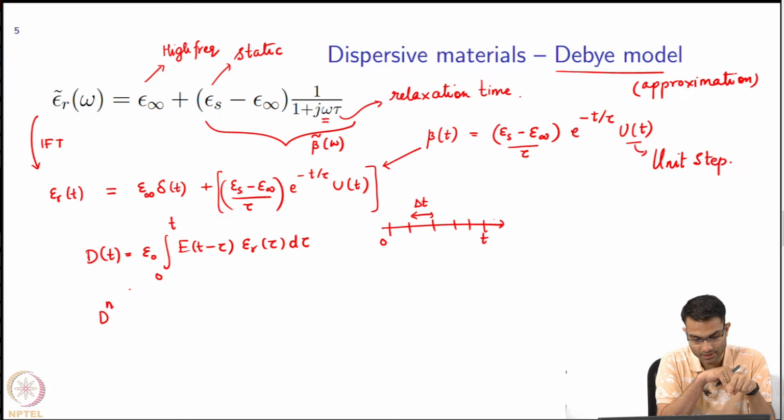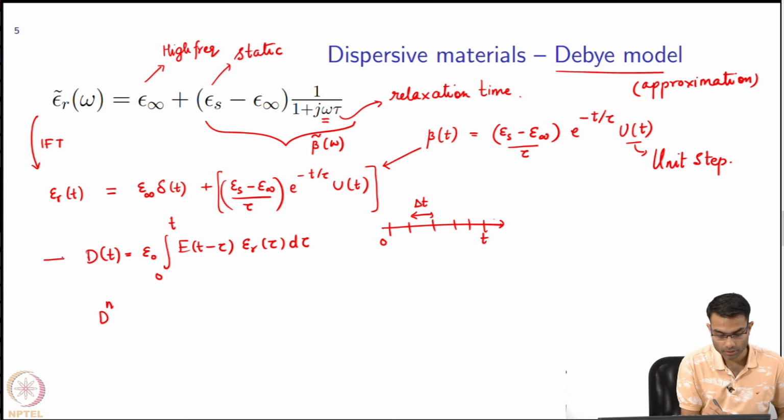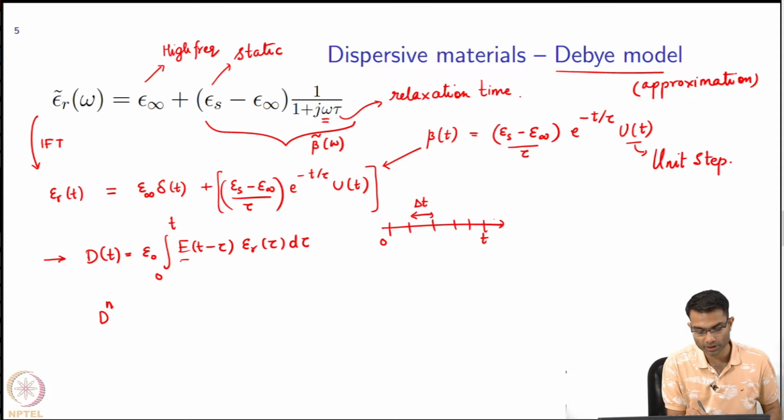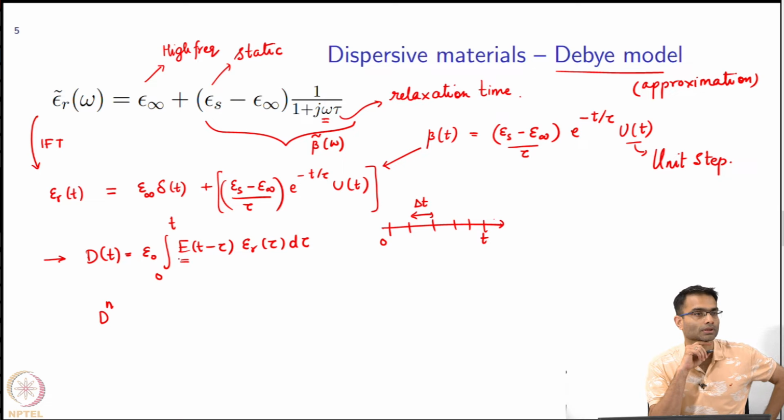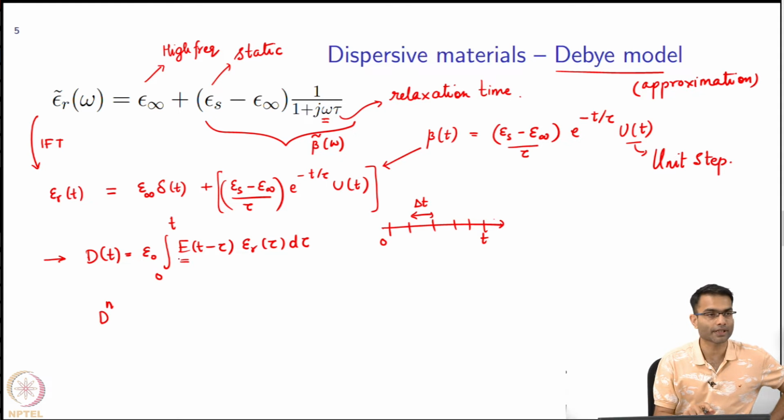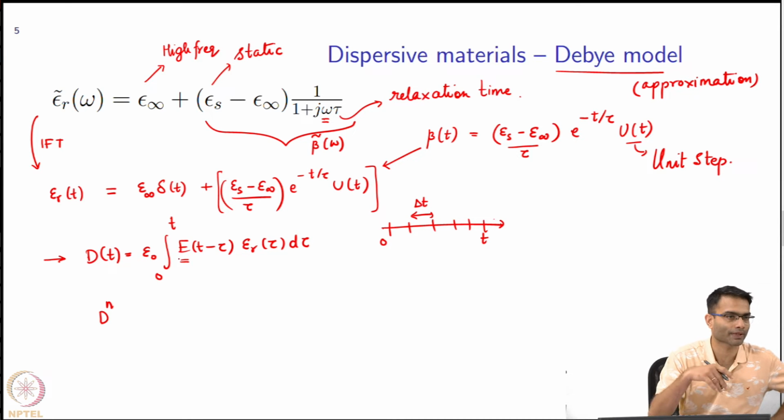You are asking whether this Debye model integral from 0 to t is derived analytically? No, because I don't know E. If I didn't have E of t in this integral, if I just had epsilon r of tau d tau, which is known as a function of time, then I could perhaps evaluate it.